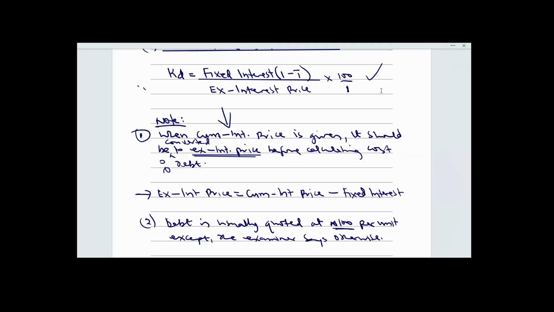The examiner may not call it cum int, but once there is an indication in the question that interest has not been paid, or interest is still outstanding, or interest will be paid, it means that the market price of the debt is cum int price.